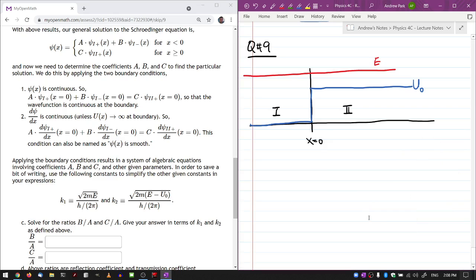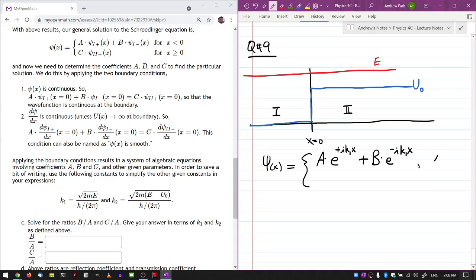All right, so let me write down my wave function. Psi of x is equal to, depending on the value of x, if x is negative, then it's going to be A times e to the, using the coefficient defined for us, e to the plus i k1 x, plus B times e to the minus i k1 x.